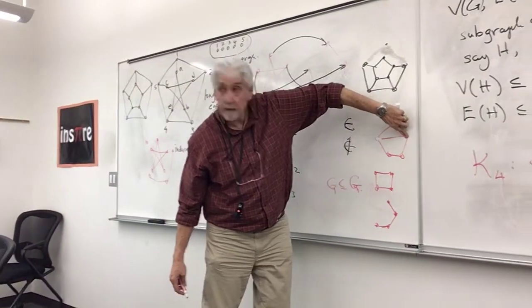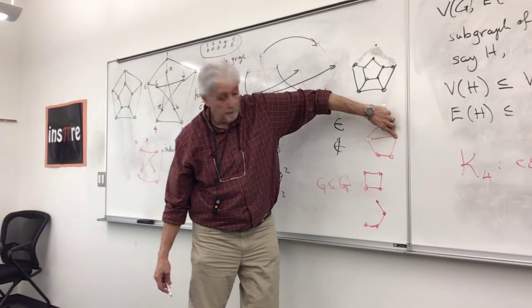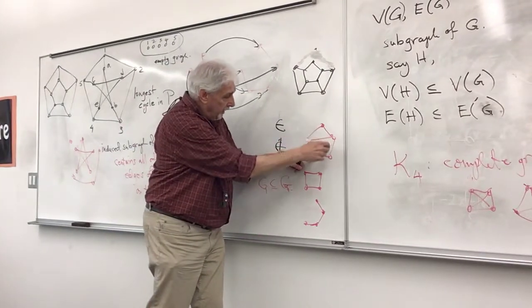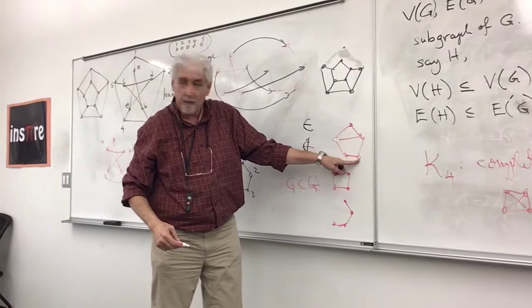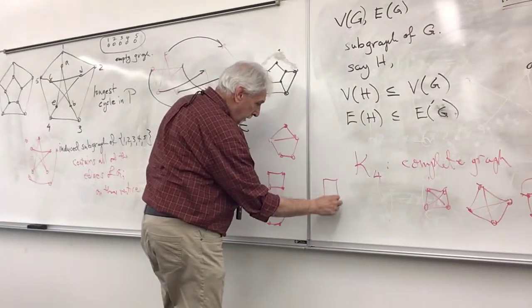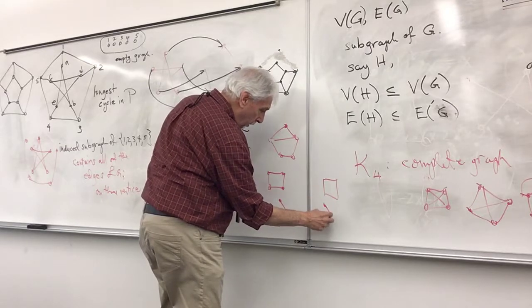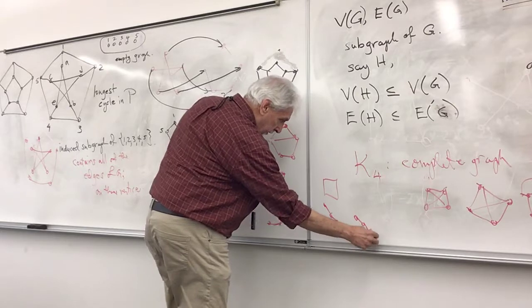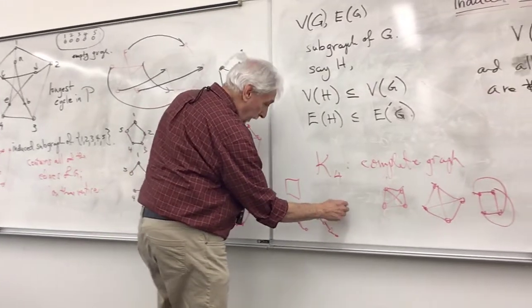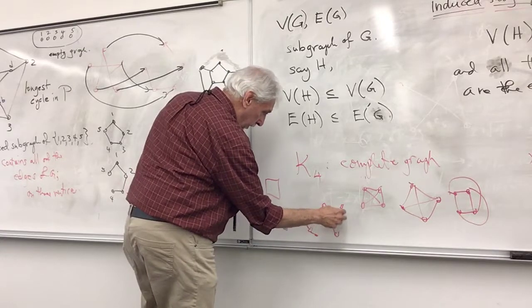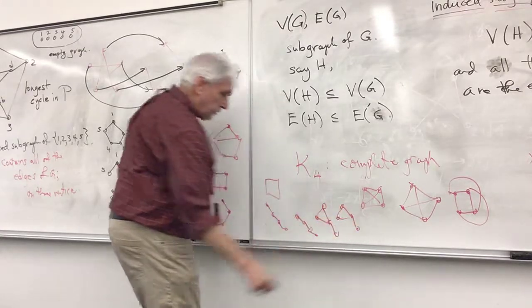If I remove this vertex, I'm left with a P4. If I remove this vertex, I'm left with a triangle with one edge. And if I remove this vertex, I'm left with a triangle and one edge. So this is my deck: P4, P4, a triangle with an edge, and a triangle with an edge.